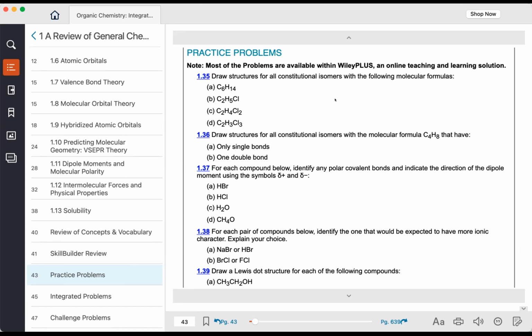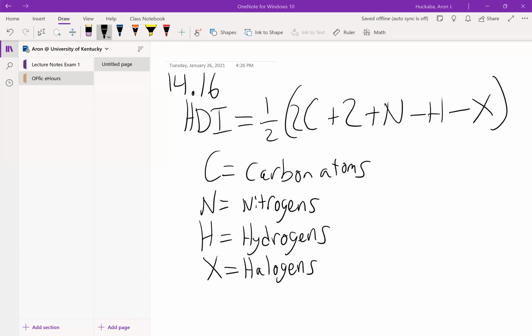And unfortunately, your book puts in problems like this way before they teach it to you. So what we're going to do is jump over to my notebook, and I'm going to show you how to know for sure whether you have any rings or double bonds in the molecular structure that you're trying to draw from a molecular formula.